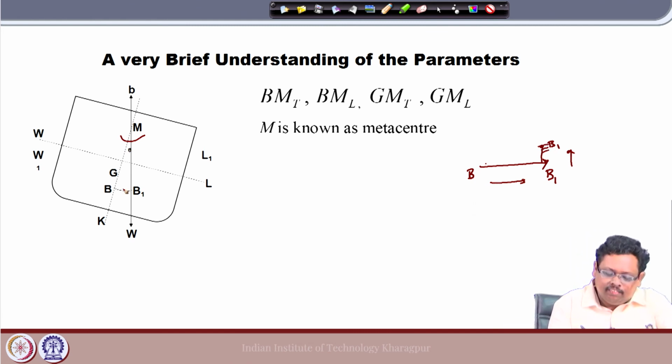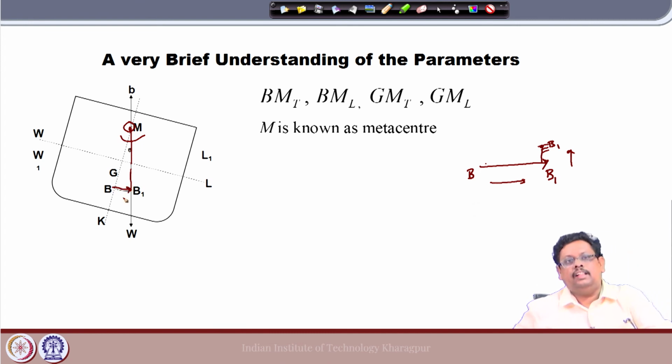If I shift it horizontally and draw a normal to the new water line, it meets the initial normal to the initial water line at a point, and that point we call the metacenter. Remember that the shifting takes place only in the horizontal direction. In the case of a large moment, M is definitely a function of theta, but at that time we do not call it the metacenter.